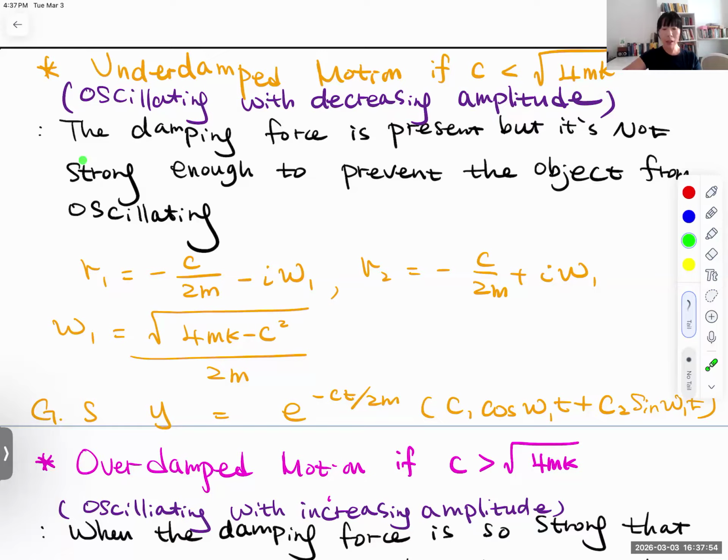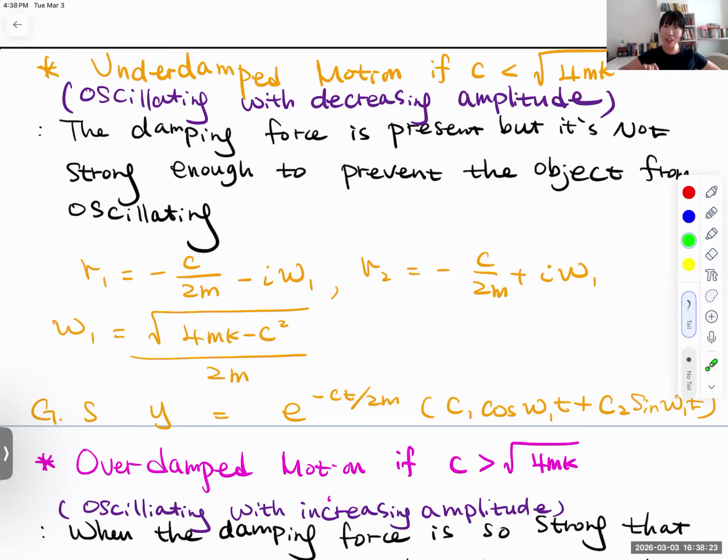This means the damping force is present, but it's not strong enough to prevent the object from oscillating, right? So oscillating, moving, shaking, vertically like this. Vertically, am I correct? Horizontally? Yeah, right.